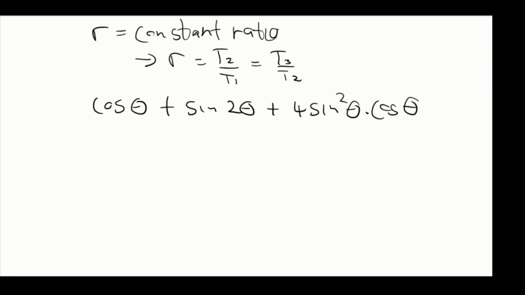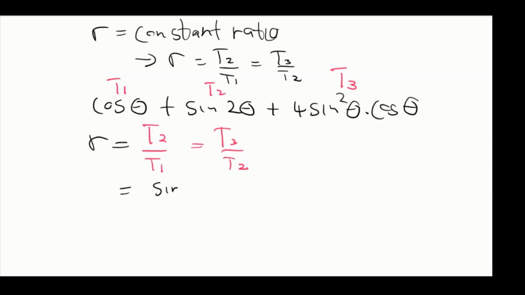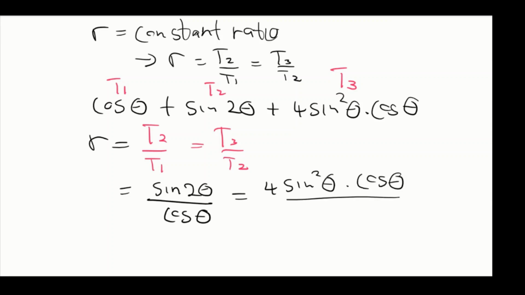As I said, we're going to use this formula for our constant ratio. This would be our first term, this our second term, and this our third term. So T2 over T1 is equal to T3 over T2. T2 is sine 2 theta divided by T1, which is cos theta, equal to T3, which is 4 sine squared theta multiplied by cos theta, divided by sine 2 theta.